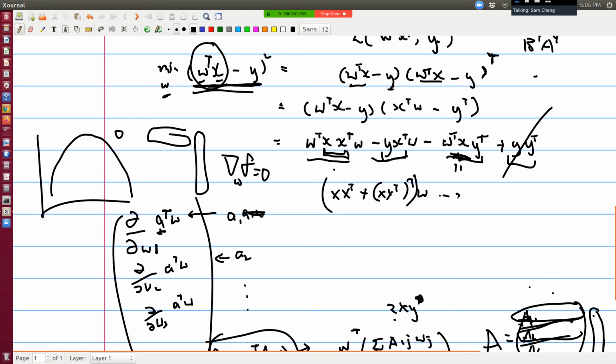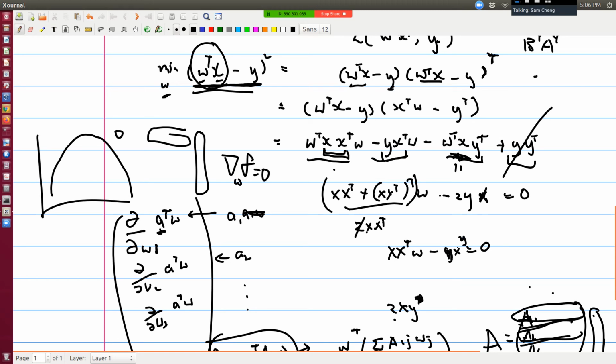Actually, it should be minus 2YX because I have two of these terms. And I want to set it to 0. The transpose of this is just this thing, so it also has two of them, 2X transpose, and the two get cancelled. So what I have is just X transpose multiplied by W minus YX equal to 0. I can write YX as XY as well.